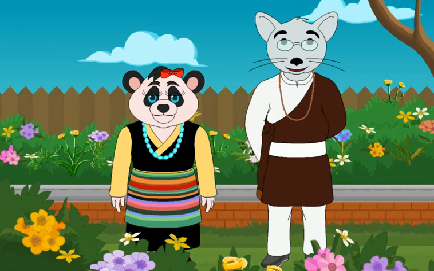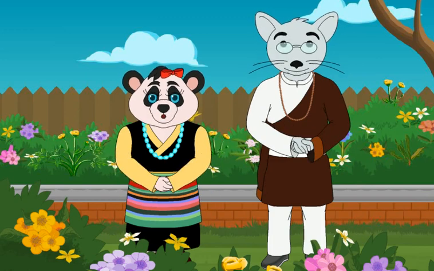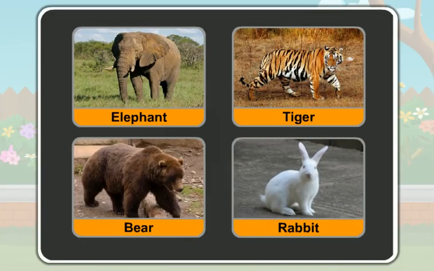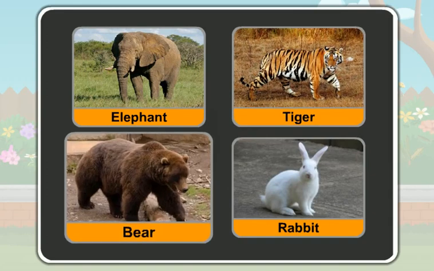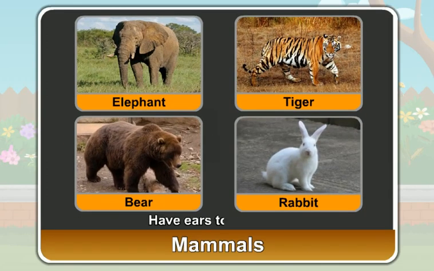Students, how do you hear while I'm talking to you? You hear with your ears, don't you? Like you, all animals like an elephant, a tiger, a bear, and a rabbit also have ears to listen.